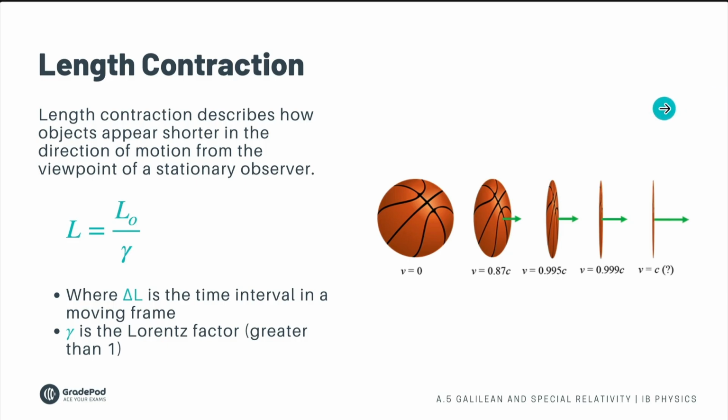So just as we had before with time dilation, we have an equation to link the proper length and the appeared length using the Lorentz factor, but because it's a contraction this time, we divide by the Lorentz factor because the Lorentz factor is always greater than 1, and we want our contracted length to be smaller than the proper length.